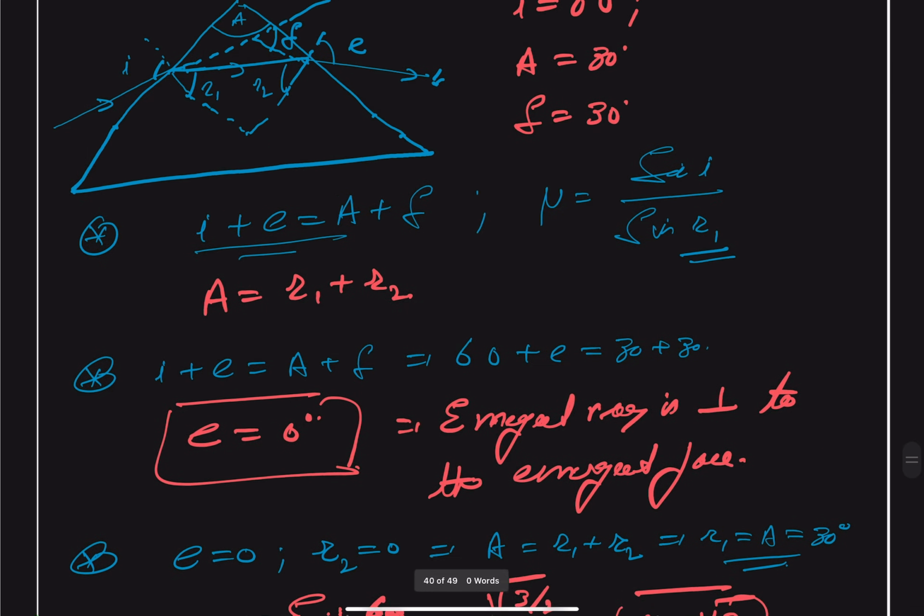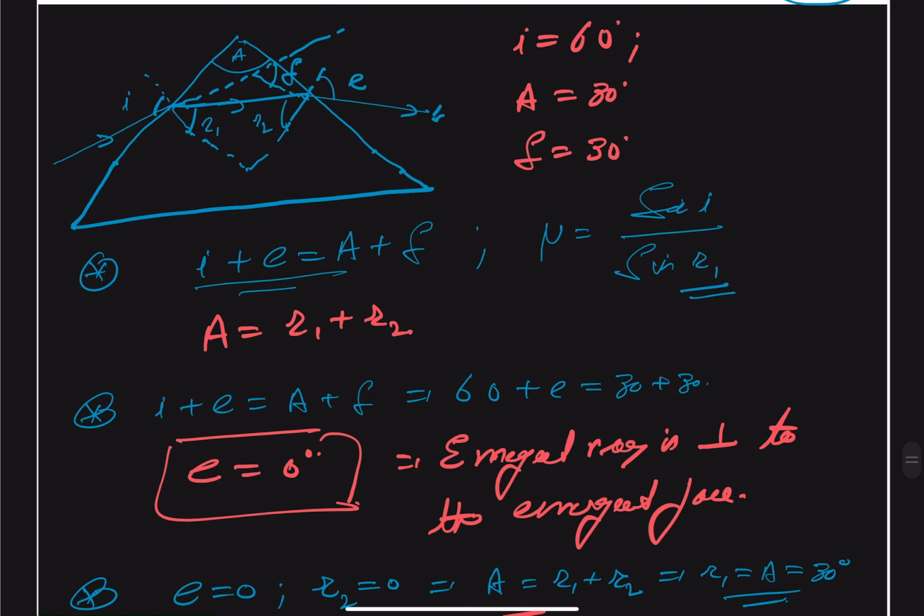And we can also draw the figure for the emergent ray when it is perpendicular. Once again we have a triangle, and the incident ray goes straight through like this.